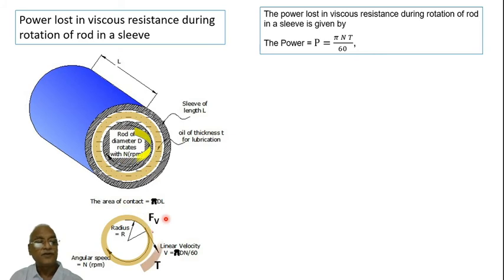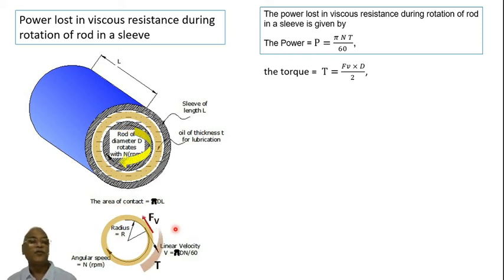Because of that force Fv at a distance of r, Fv into r will be a torque. So the torque will be equal to Fv into d by 2, or Fv into r.